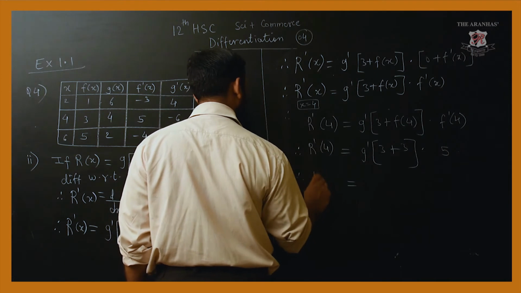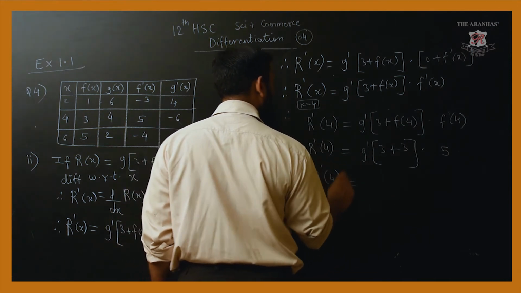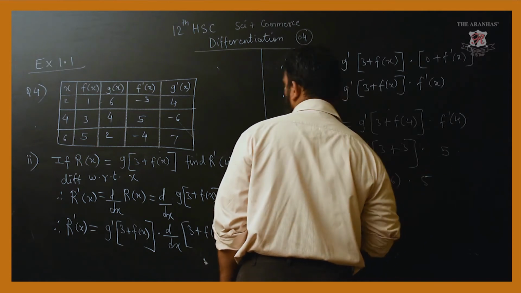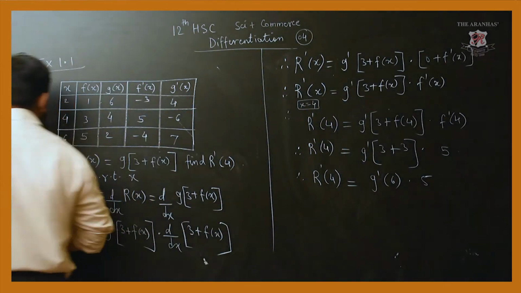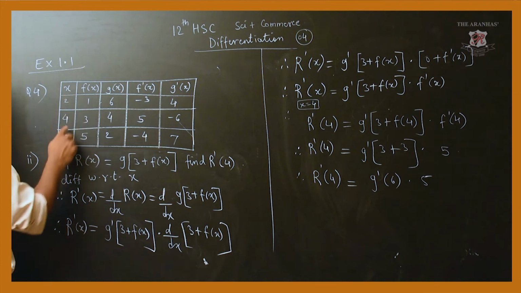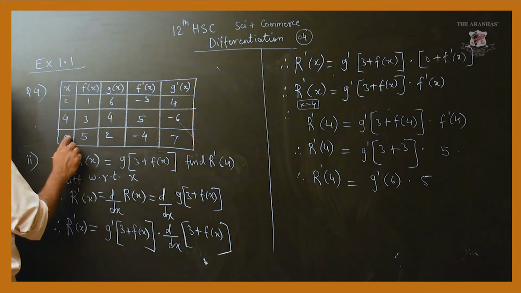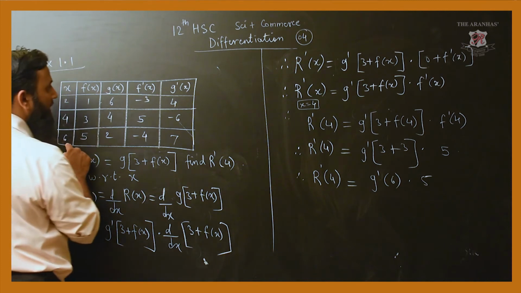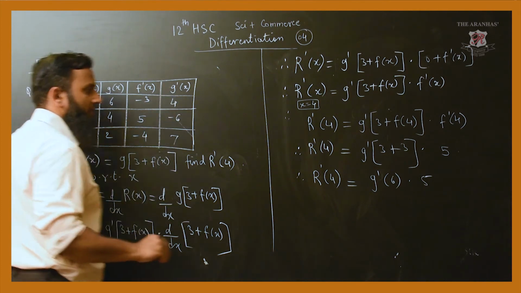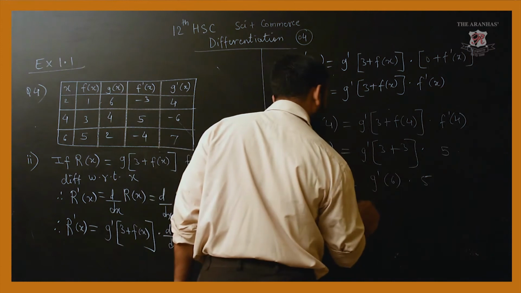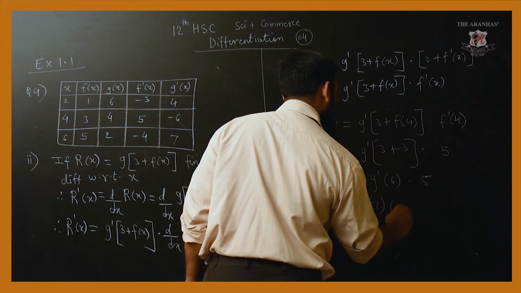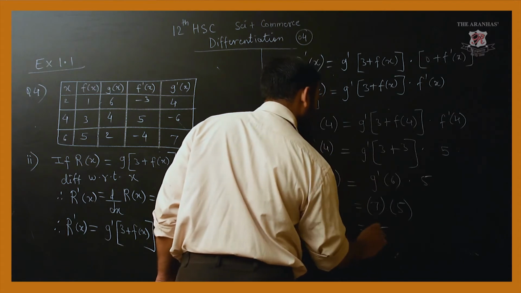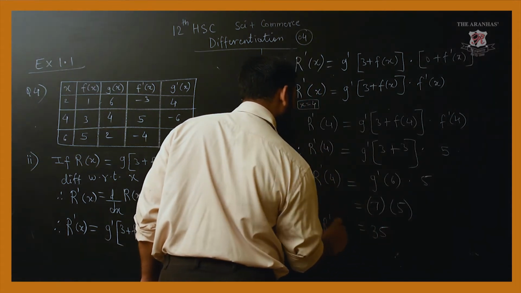So therefore r dash of 4 will be g dash of 6 into 5. Now whatever is in the bracket of g dash, that is the value of x. So here it is 6 now. Let us see what g dash of 6 is. It is 7. So 7 into 5, the answer will be 35.